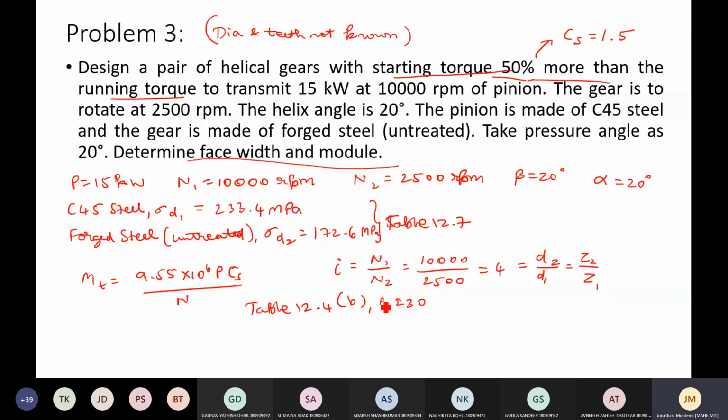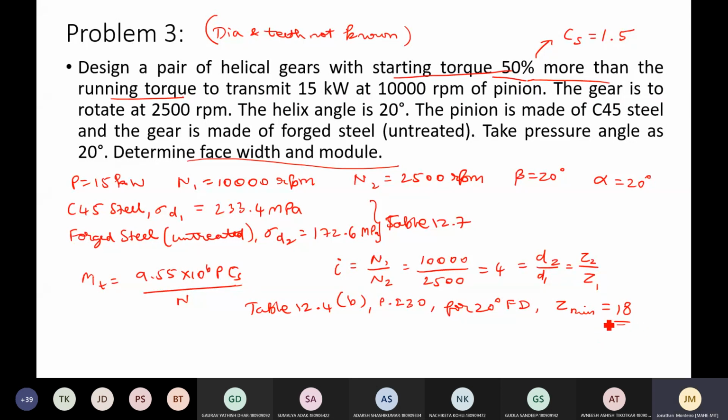According to this table, for the 20-degree full depth system, Z1, or you can say Z minimum, should be equal to 18. The minimum number of teeth that you should have should be 18.